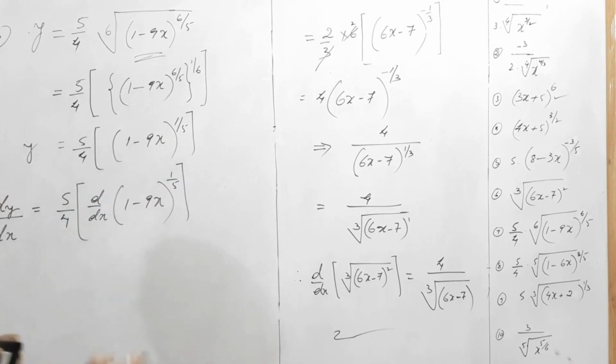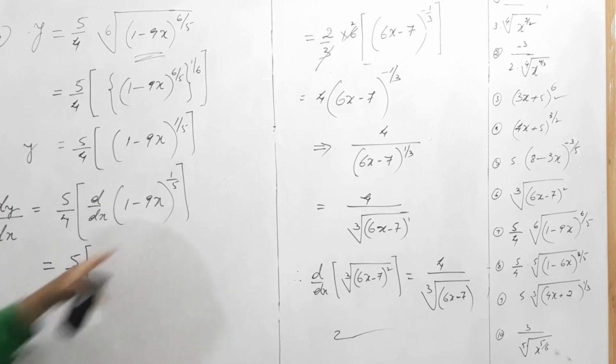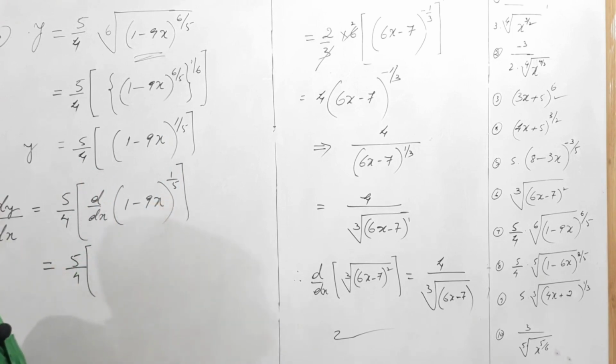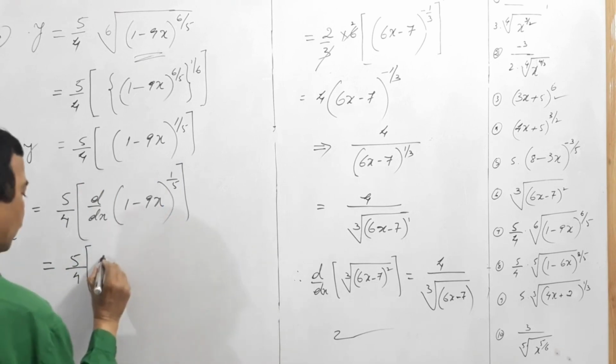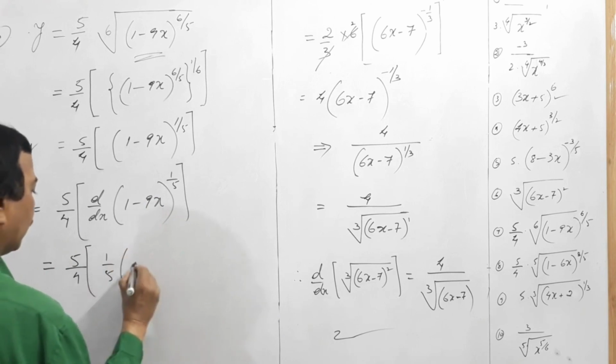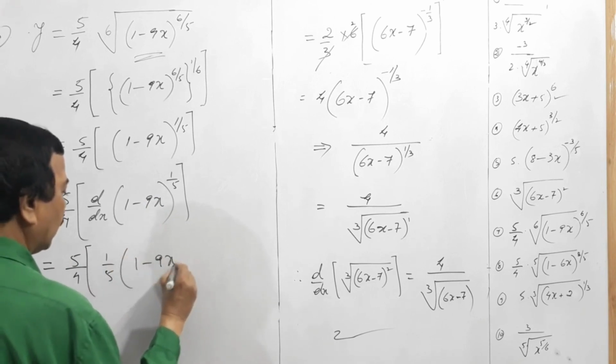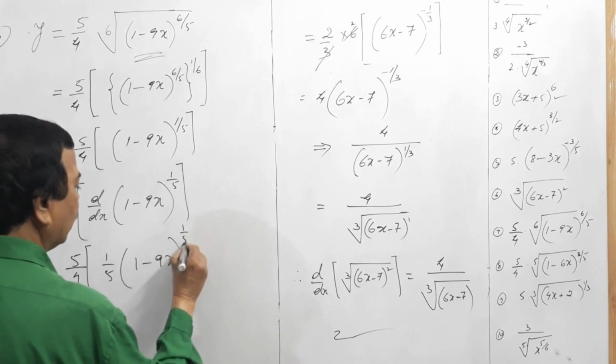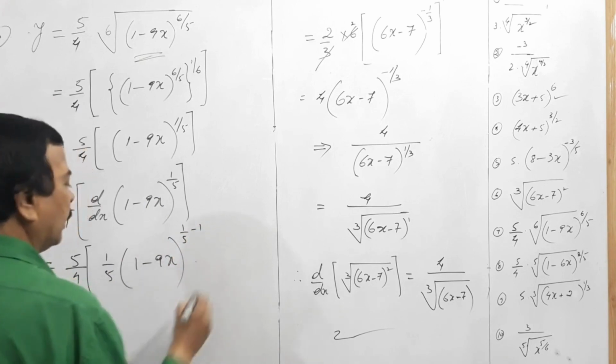Now let's differentiate. This is 5 by 4. I will take this. d by dx of x to the power of n is n into x to the power of n minus 1. So this becomes 1 by 5 into 1 minus 9x to the power of 1 by 5 minus 1.